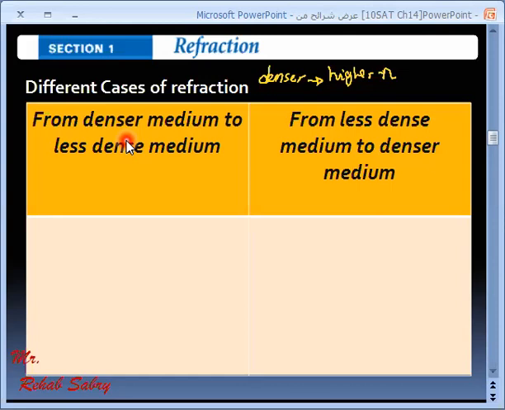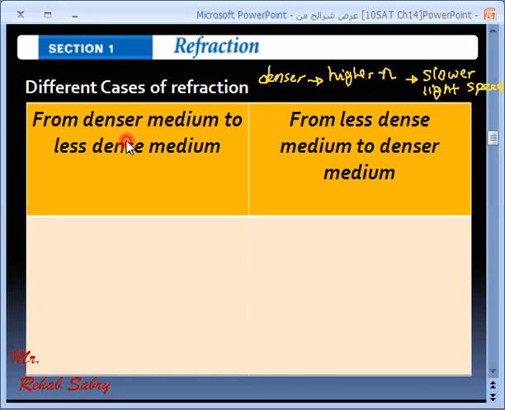The denser medium also resists, we can say, the propagation of the light wave. So the denser medium has slower light waves or speeds, smaller speed.